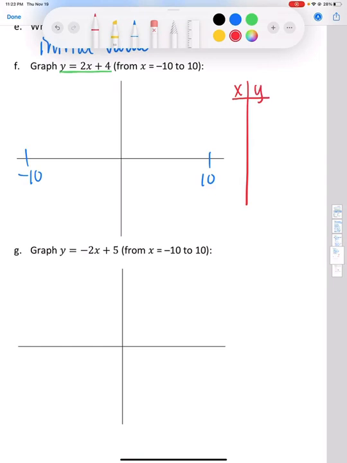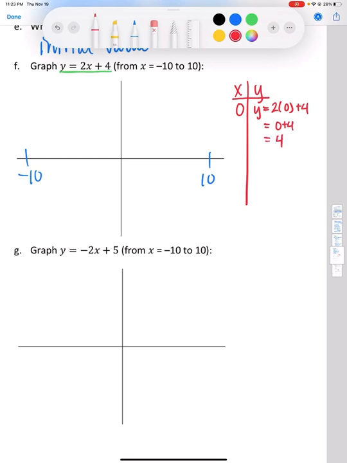So in class, we discussed choosing easy numbers for x's. So like 0, 1, and 2 was what they chose. So if x is 0, then I'm going to find out what my y is by substituting in the 0 for x in my equation. So like this. So y is equal to 2 times 0 plus 4. Okay. So that's 0 plus 4, which is equal to 4.